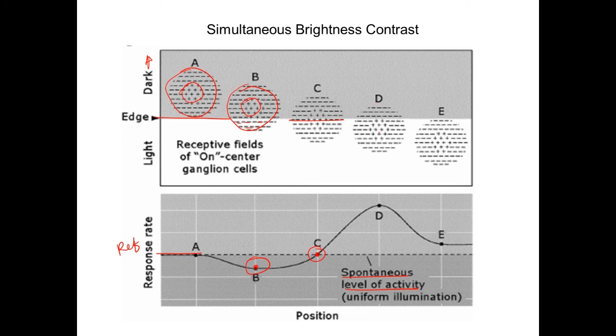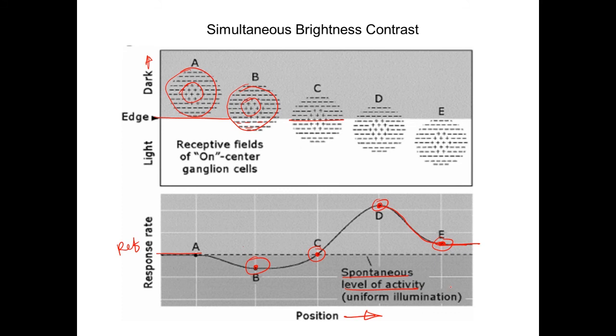When more on-centers are on the lighter side, then the spontaneous level of activity is actually higher over here, and then more and more negative comes over here, so it starts decreasing, and then finally this reaches the uniform or steady-state response of those photoreceptors falling on the light alone. This is the position we are talking about.